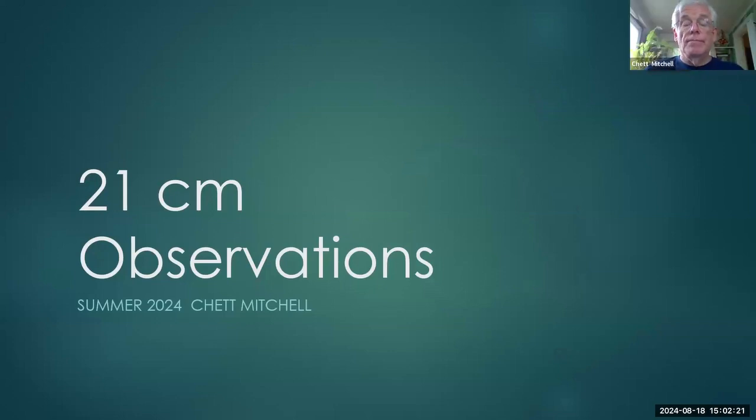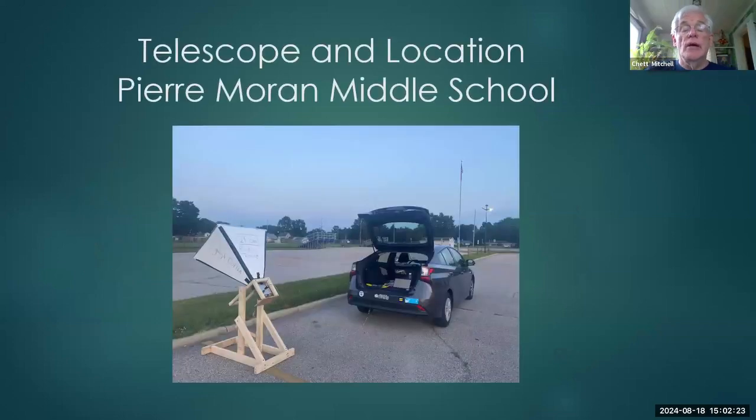All right, so here's my horn. I live in a small house with a very small yard with 2 very big trees in it. So I have a very poor view of the sky from my house. But about 3 blocks from our house, there's a middle school, and I go to their parking lot to do my observations.